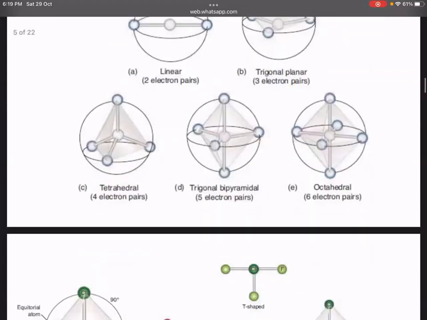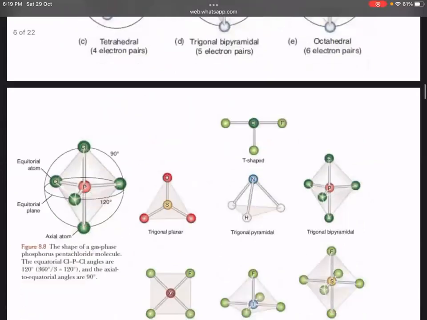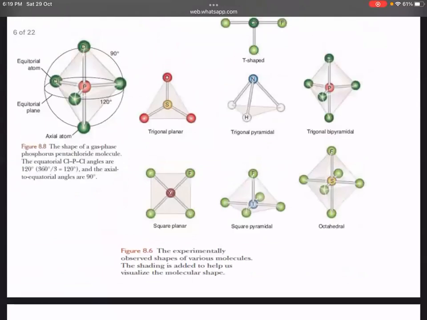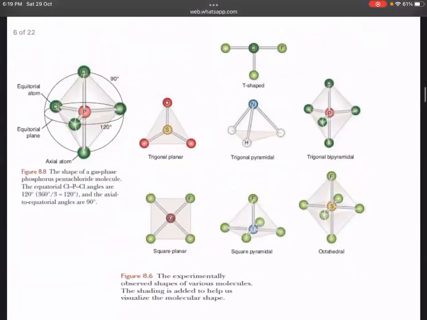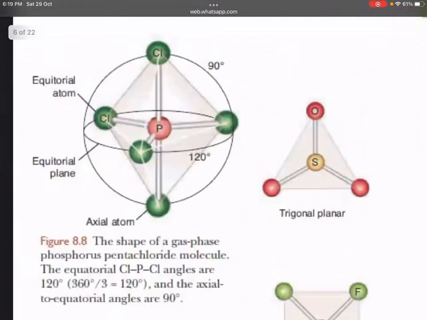When you go to that, look here. So if any electron pairs, so look here. This will be the equatorial atom and the equatorial plane. Whatever is up and down is the axial. Okay.